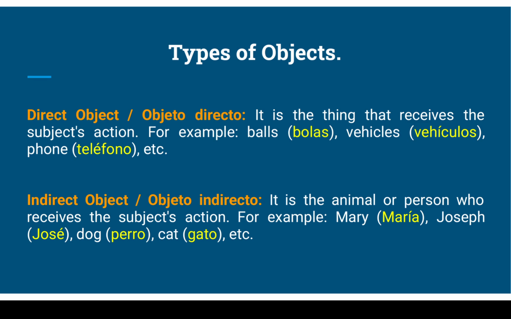For example, balls, bolas, vehicles, vehículos, phone, teléfono, etc. Then we have the indirect object, el objeto indirecto. In this case, this is the animal or person who receives the subject's action. For example, Mary, María, Joseph, José, dog, perro, cat, gato, etc.